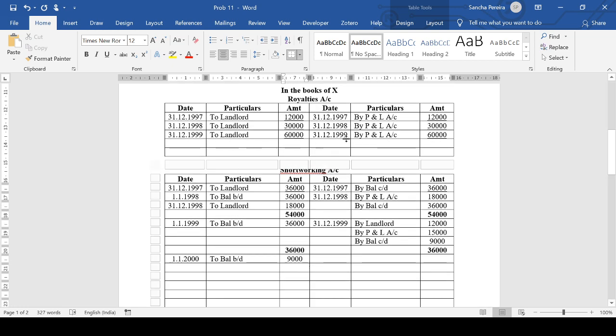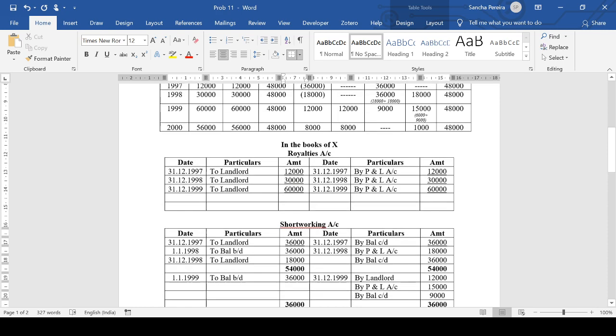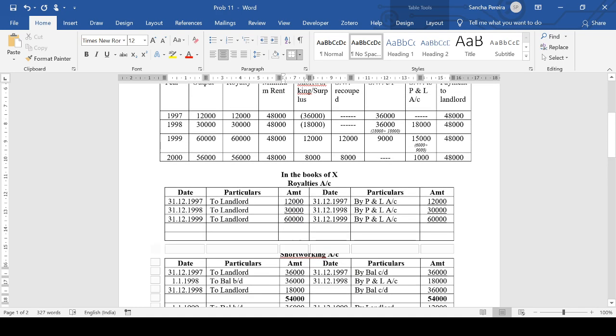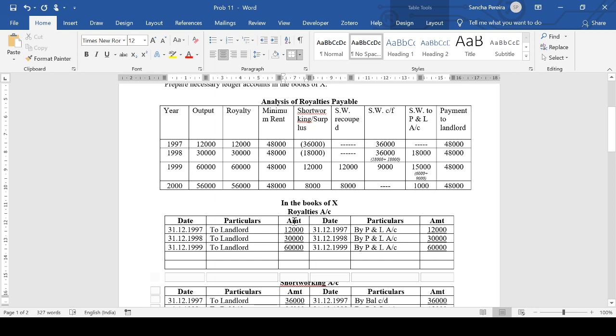This also closes. And now we come to the last year, where again we have a situation where the actual royalty is more than the minimum rent. So the same entries, royalties account debit to landlord account. To landlord account, it is 56,000.